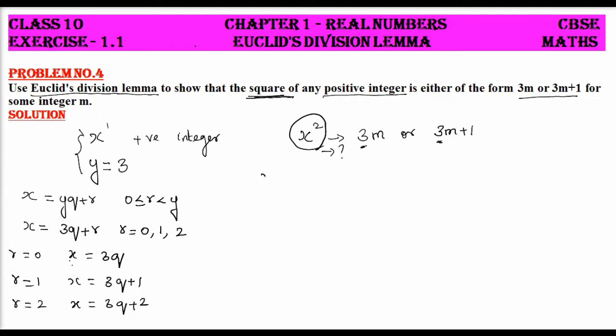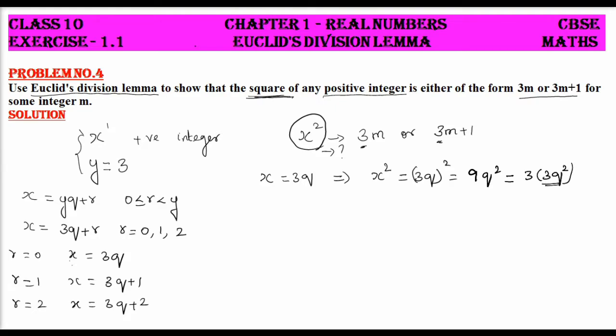Now let us consider the first form, x equal 3q. So if x equal 3q, what about my x square? X square will be 3q square, that is, this is equal 9q square. So I can write this 9q square as 3 into 3q square.